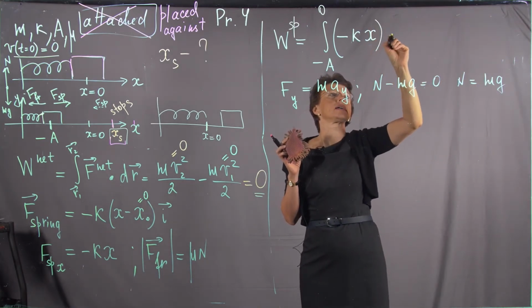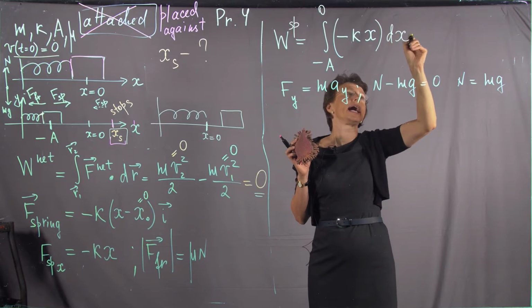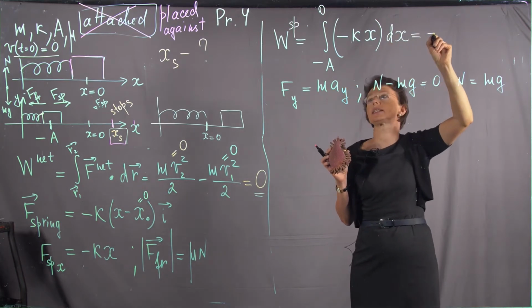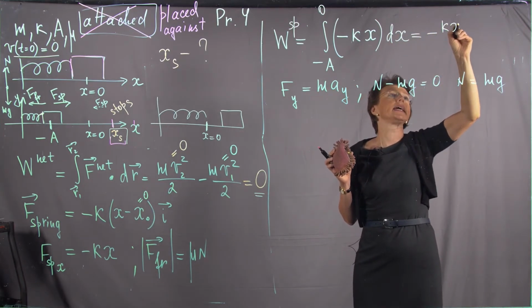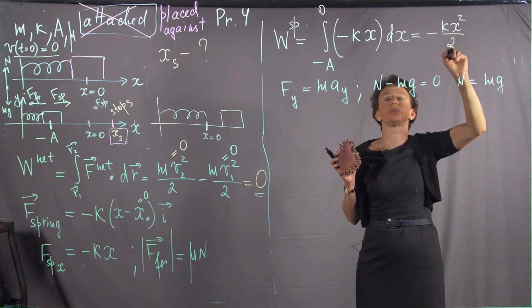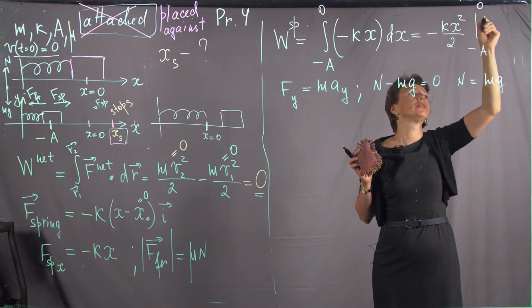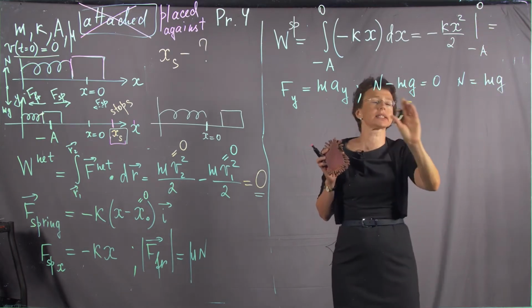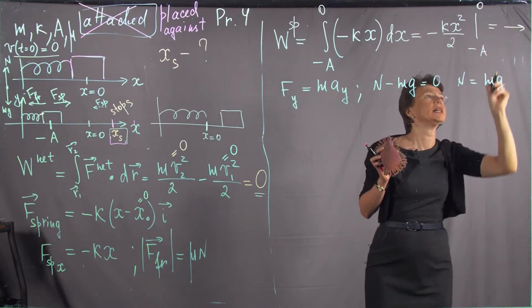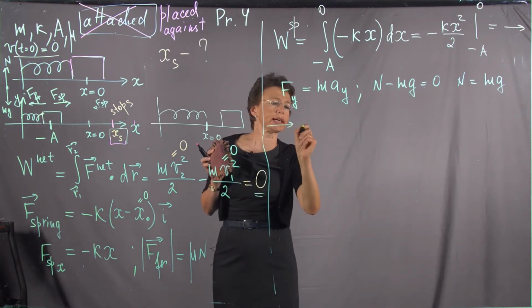Minus kx dx. I take this integral. It is minus kx squared over 2. The limits are from minus a to 0. I did not erase this line because we will use it later. So I will continue right here.